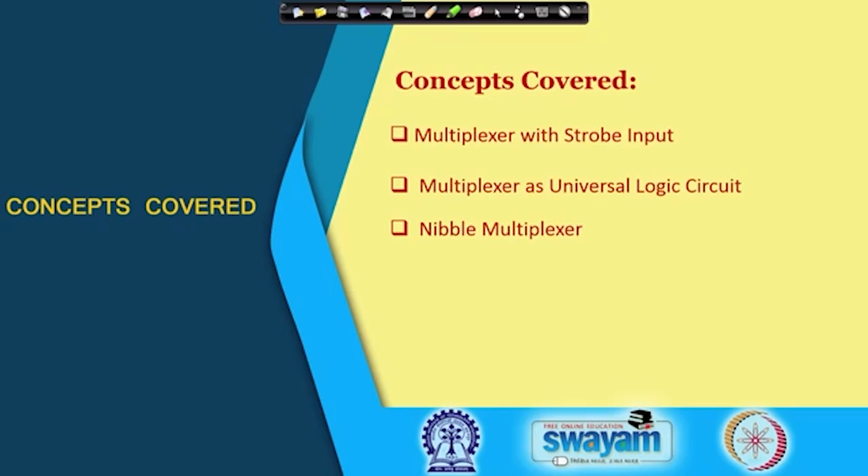So, this class will be mostly on the practical use of multiplexer in your lab or any project or any design activity that you plan, how you go for the hardware implementation.